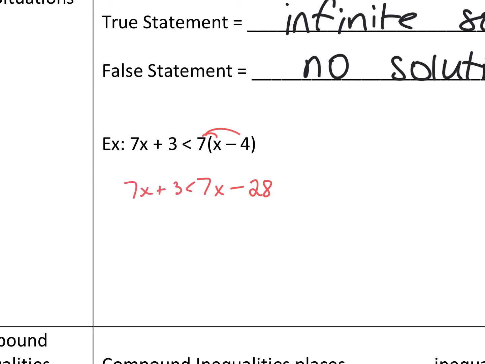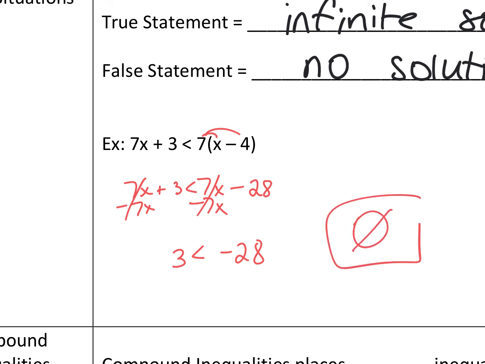Good. And then we subtract over our variables. It doesn't matter what side you subtract to because you'll realize pretty quick that the 7x's cancel out. And we're left with 3 is less than negative 28. Is that true or false? False. So that's a no solution.